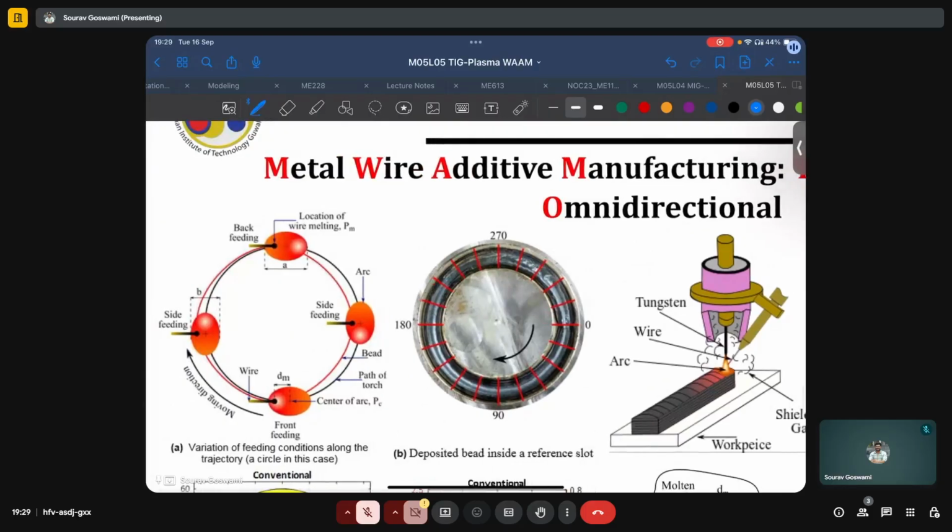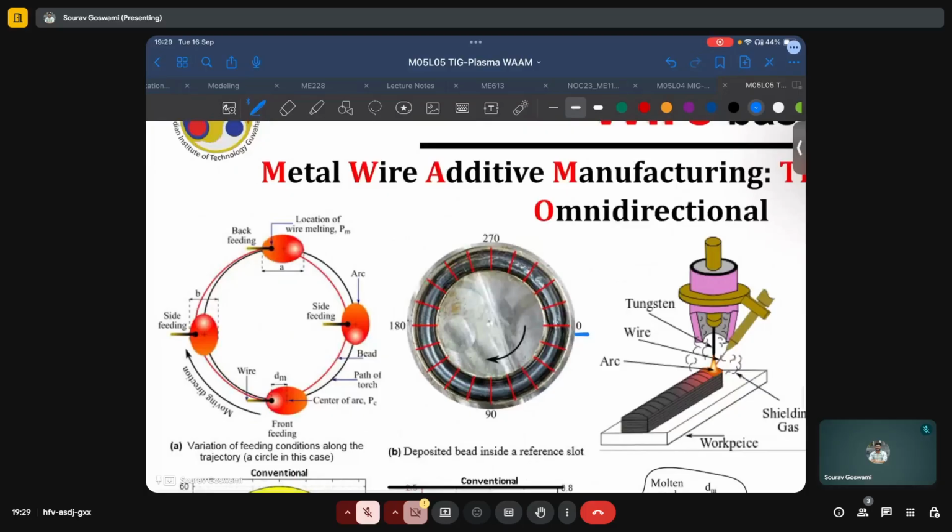Here we see the four positions: 0 degrees and then going clockwise 90 degrees, 180 degrees, 270 degrees, and then coming back to 360 degrees. So we can mark these positions as 1, 2, 3, and 4. In position 1, we see that the head is moving along the tangent to this black circle.